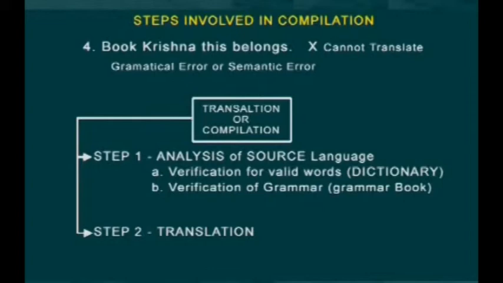That means you should have a clear-cut idea on the source language. For example, whenever we write a C program, you give it for compilation. If there are no errors, then you can go for execution. If at all there are errors, then you have to rectify those errors, then only the compilation part will be finished, then only you can execute your program. For example, you may be asking what type of grammatical errors in C language you can have.